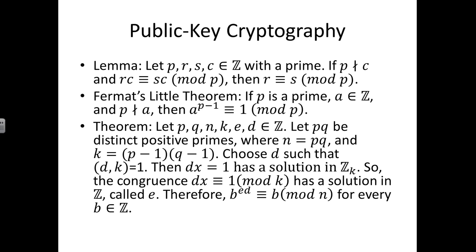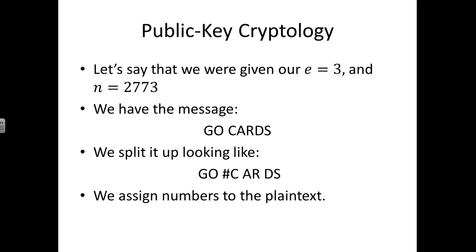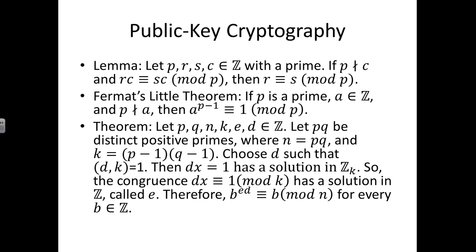Okay, so moving on. So if we are given our E is 3, so backing up, we see that E is in this last statement, and you use a bunch of different methods.